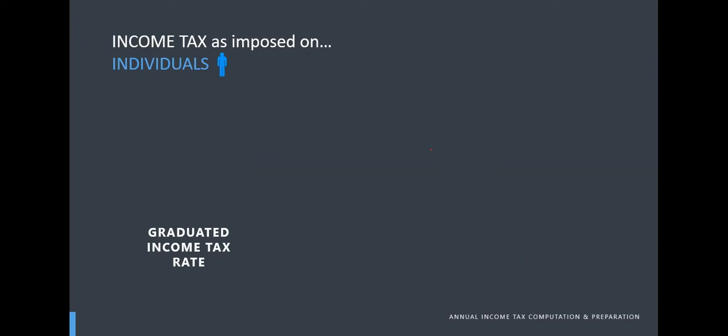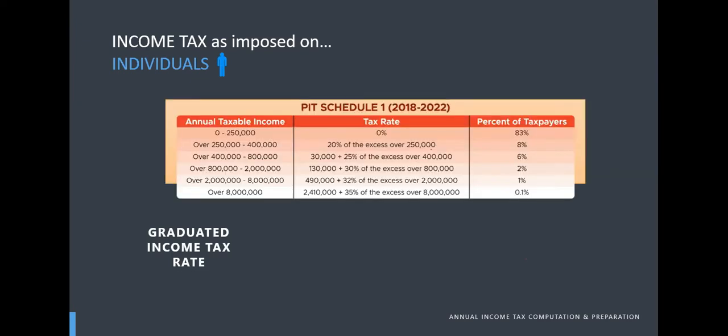For the graduated income tax rate, this is the updated schedule based on the TRAIN law. As you can see, those having an annual taxable income of 250,000 and below are taxed at 0%.